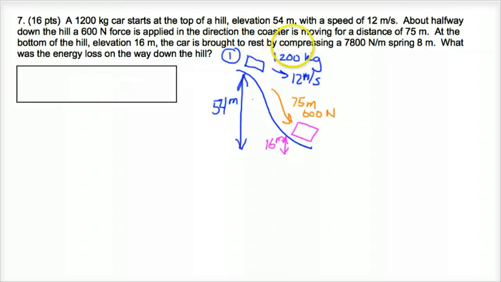The car is brought to rest by compressing a spring with a K of that value. So we've got some sort of spring here that's going to stop it. K is 7,800 newtons per meter, and the delta X is going to be 8 meters.